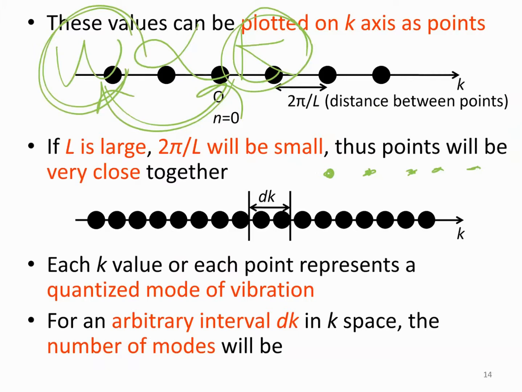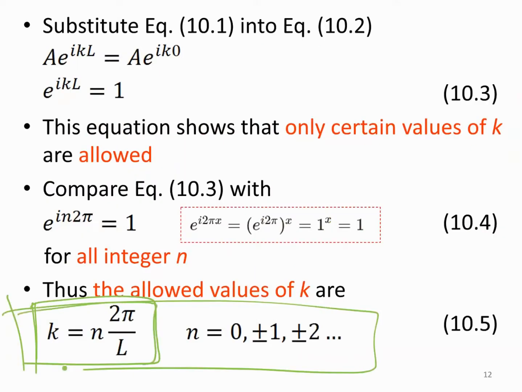So now each lattice point can only vibrate with certain omega and certain k, based on the equation that we obtained here. How did we obtain it?